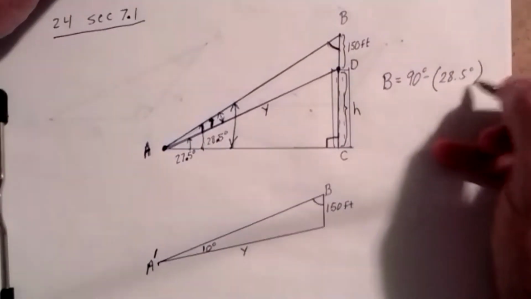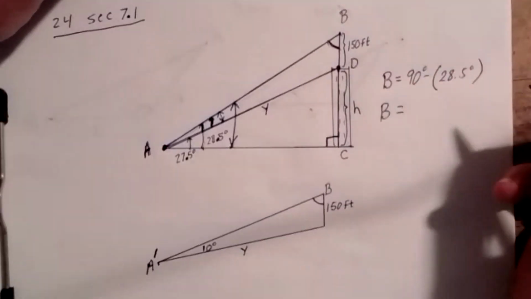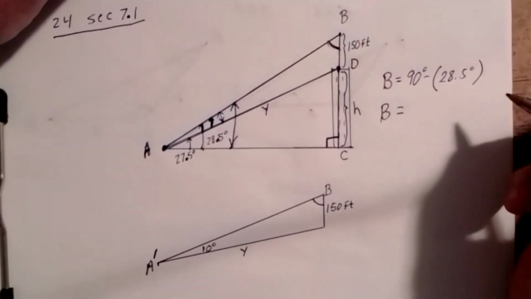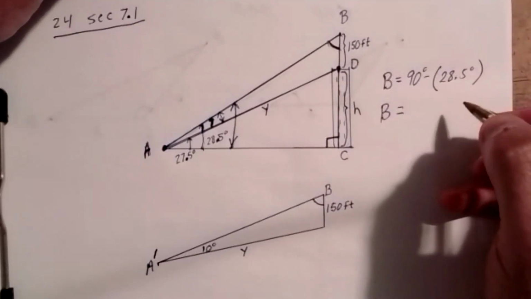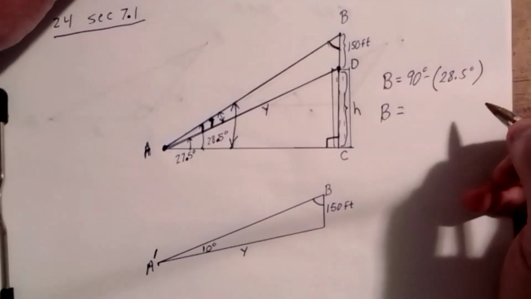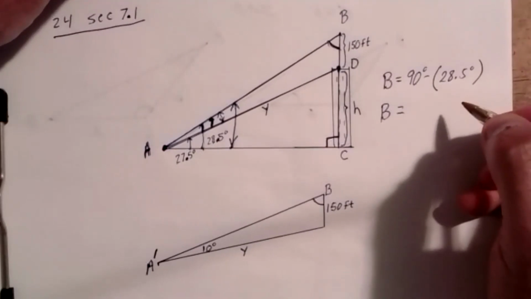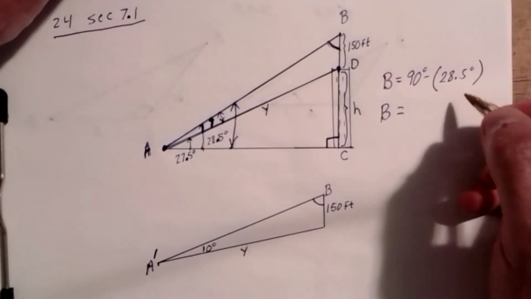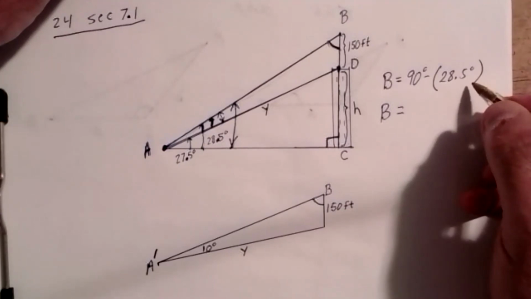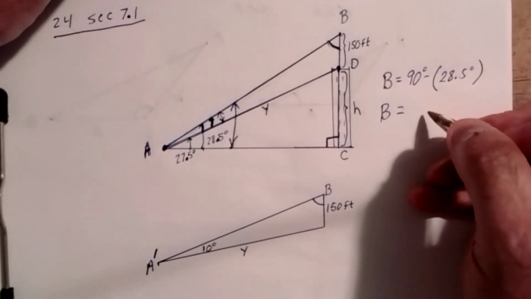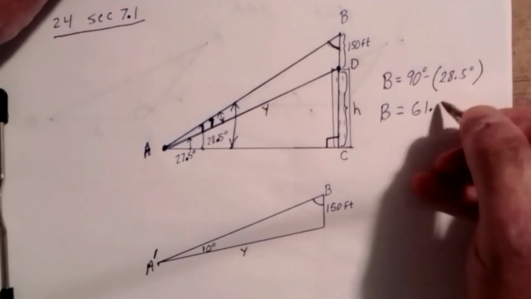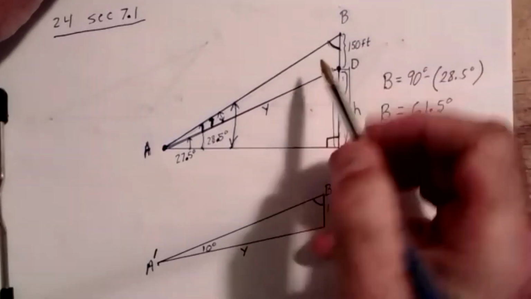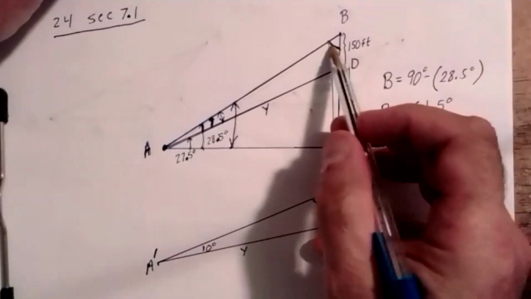So what does that leave us for angle B? 90 minus 28.5 is, let's see, 61.5. Is that correct? That's what I got. Okay, so angle B here would be 61.5 degrees.